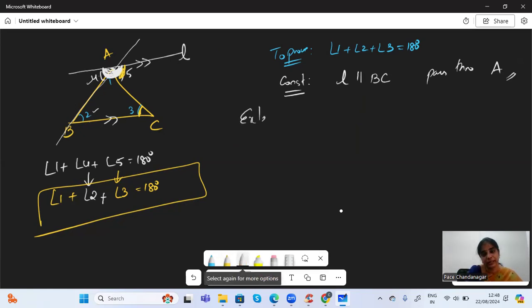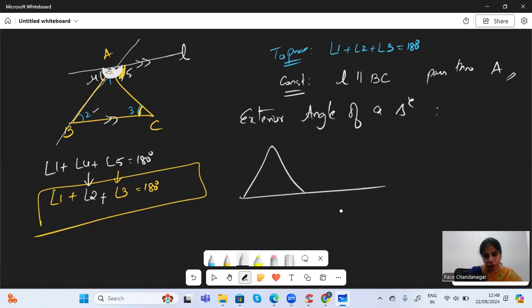Now, there is something else that you need to understand. What is an exterior angle? What exactly is an exterior angle of a triangle? So, the exterior angle of a triangle ABC. Now, let me draw a triangle ABC, right? I am just trying to extend my AC and also extend my BC. Clear? Let me give a few angles here.